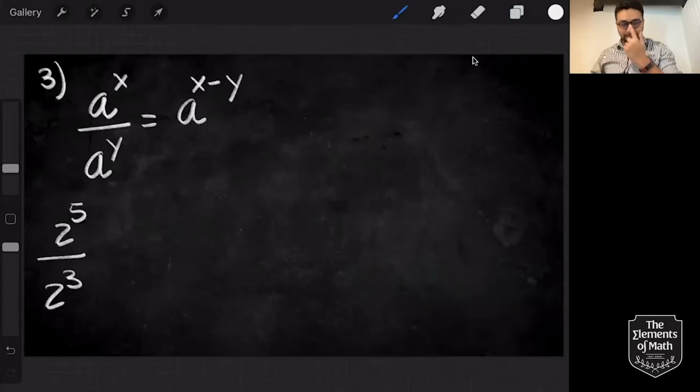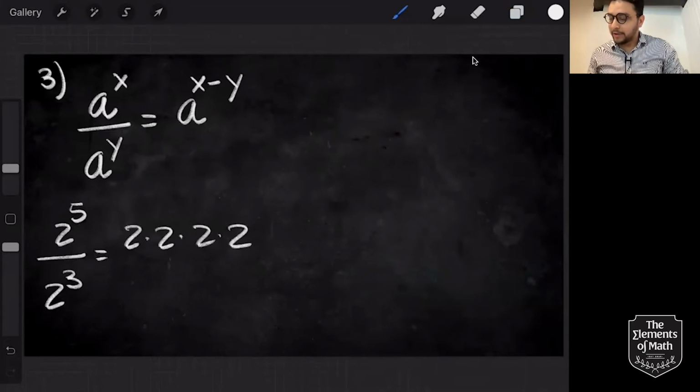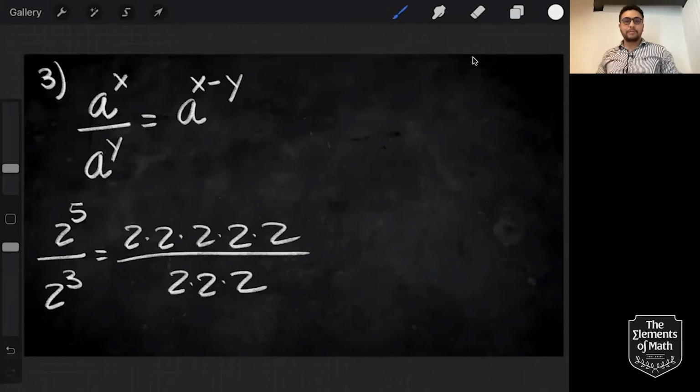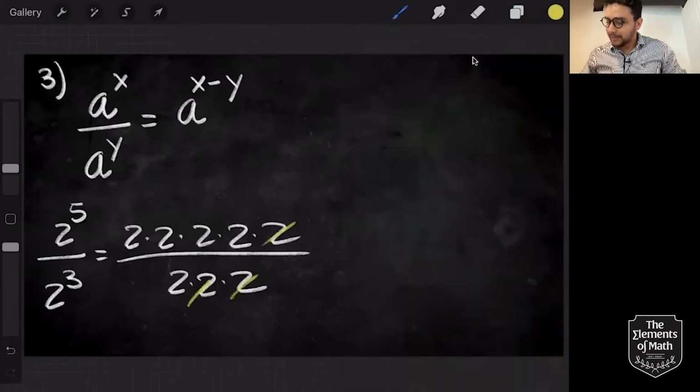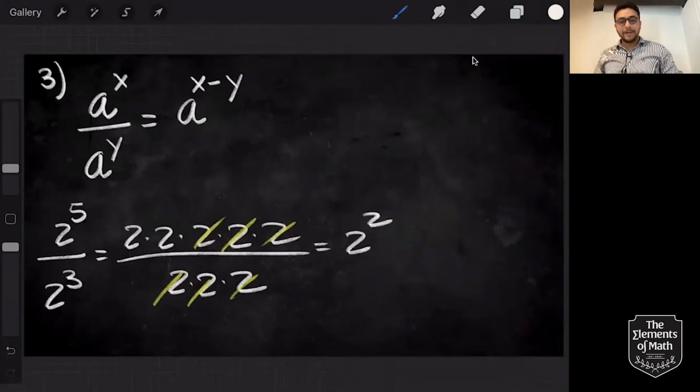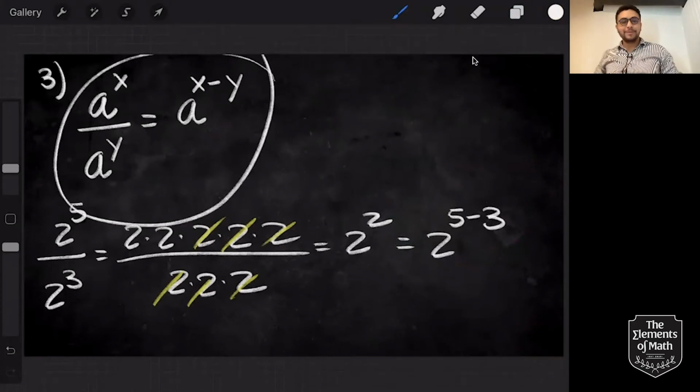Just one example. 2 to the power 5, I'm multiplying 2 by itself 5 times, and 2 cubed, I'm multiplying 2 by itself 3 times. Since I just have products at the top and the bottom, I can simplify our expression. Great. It means I have 2 squared. But 2 to the power 2 is exactly the difference between 5 and 3. That was exactly what the property told us.